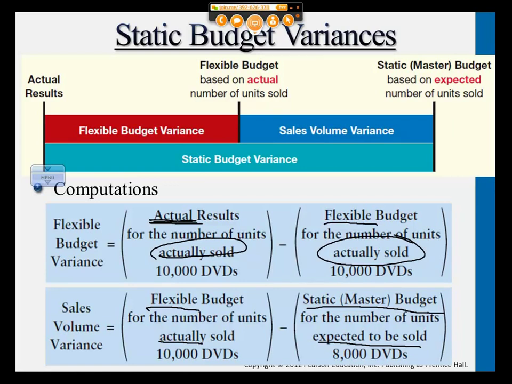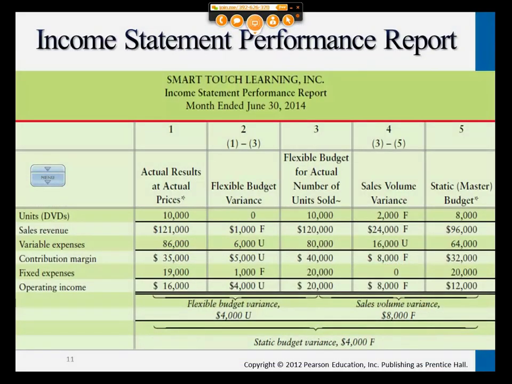All right. So looking at the picture that I have for you here, our flexible budget is based on the actual number of results, and the master is the expected, right? So let's look at the income statement performance report. So we know how we calculate all of this. Now let's look, what do we have here? Our column 1 is the actual result at actual prices.